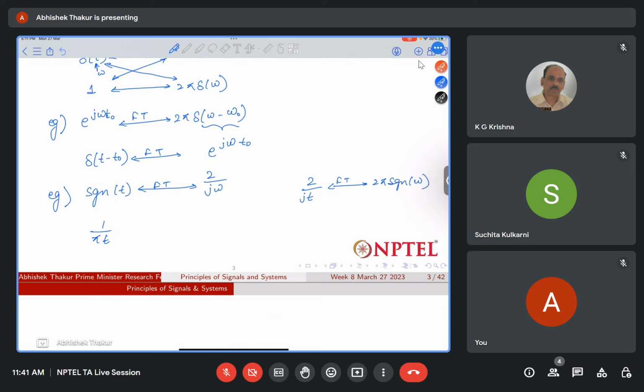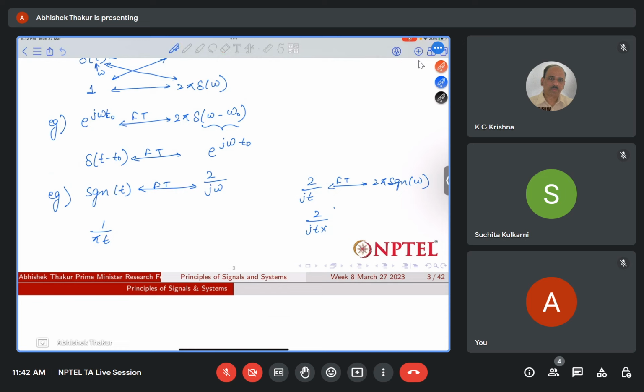Now, for making it 1 by pi t, what do we have to do? We have to multiply 2 by jt by pi. In the numerator, we have to multiply by j, and in the denominator, we have to multiply by 2. Then the 2 will get cancelled and it will become 1 by pi t. So we have basically multiplied by j by 2 pi.